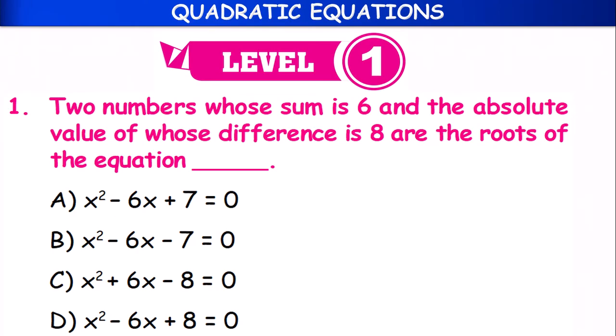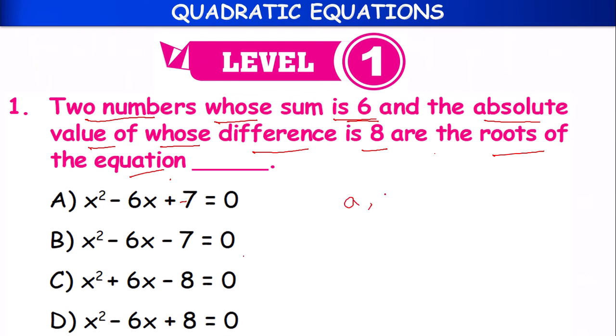From the level 1 worksheet, the first question is: two numbers whose sum is 6 and the absolute value of whose difference is 8 are roots of the equation. Which equation?